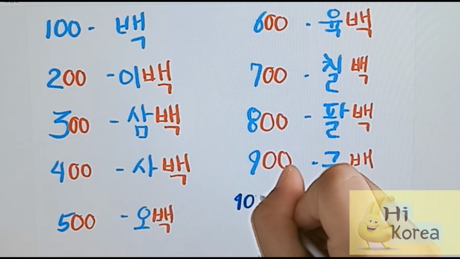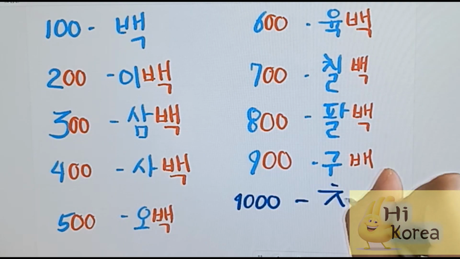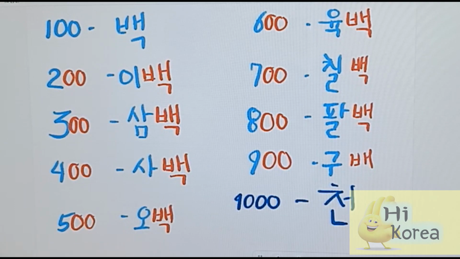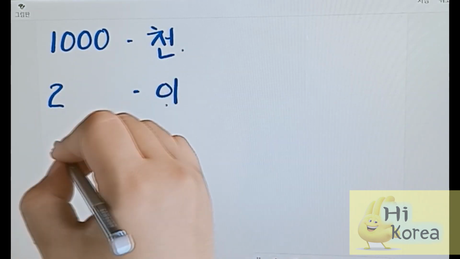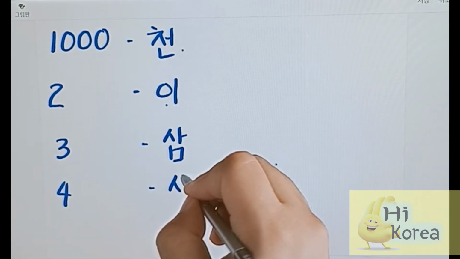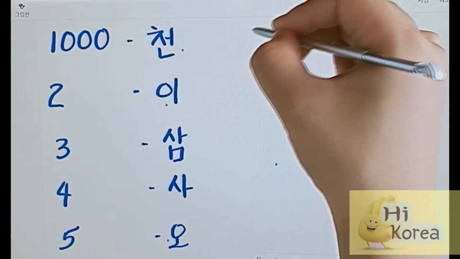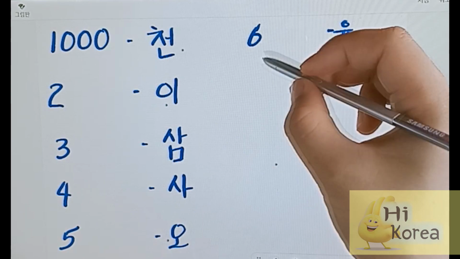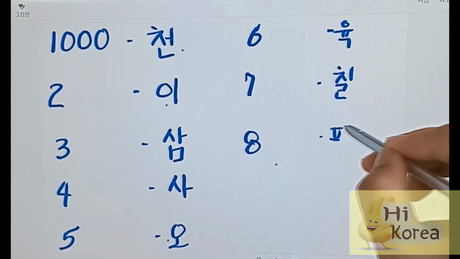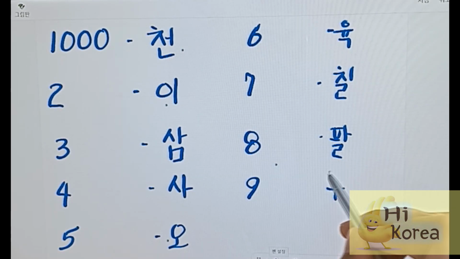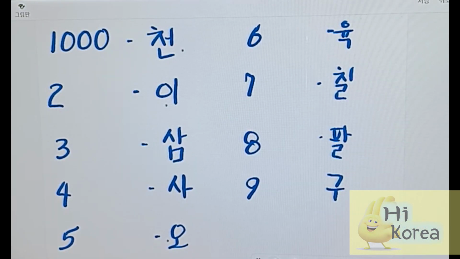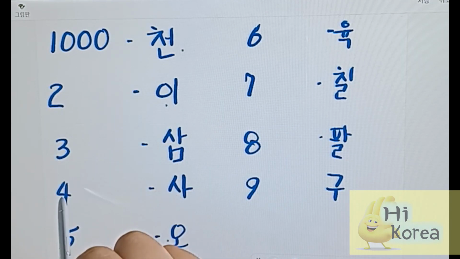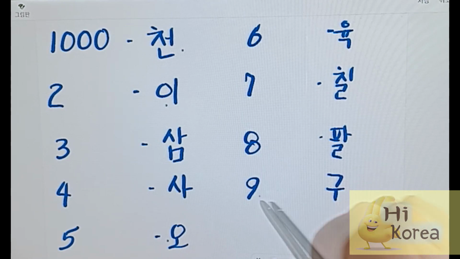And for 1000, 1000. Okay, we learn 2, 3, 4, 5, 6, 7, 8, 9.